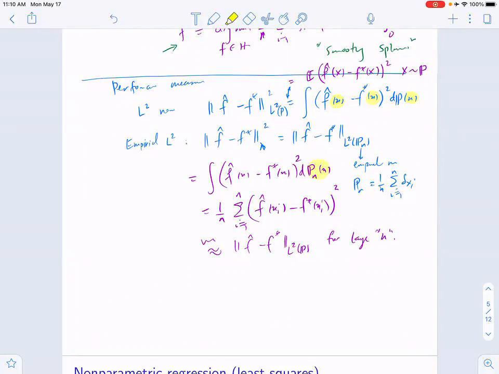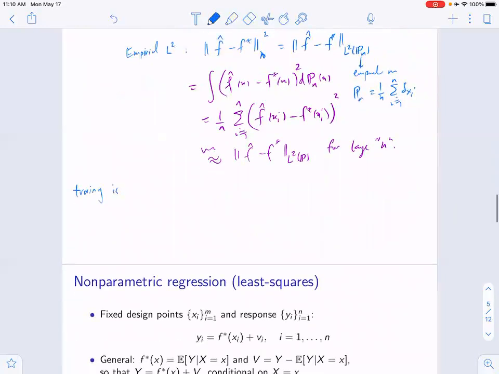And the empirical measure, if you recall from 200B, is a measure that puts equal mass on every observed data point. So your training data set is y_i and x_i. You look at this set of the observed x_i's and you put mass 1 over n on every one.